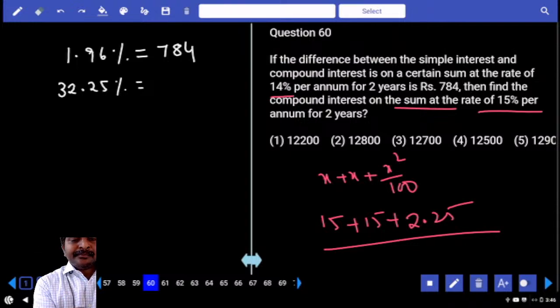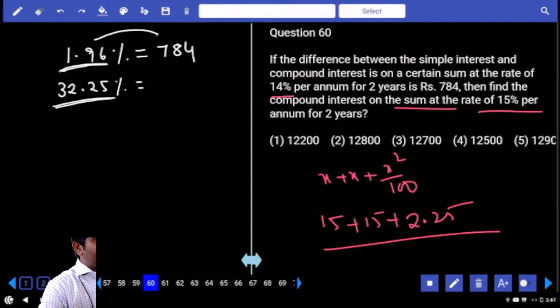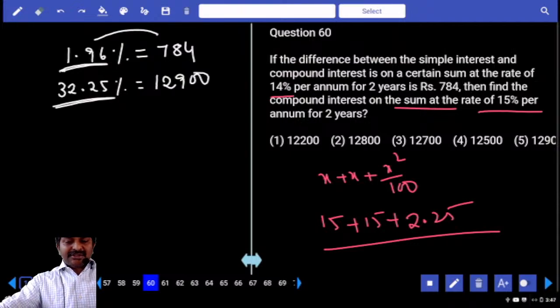Now forget about the decimal. 196 is exactly 4 times 784, right? Here also, forget about the decimal. In both cases there are 2 digits after the decimal. We need to take 4 times this number. 3000 4 times is 12,000, 225 4 times is 900. So 12,900, which is the 5th option. Is it okay?